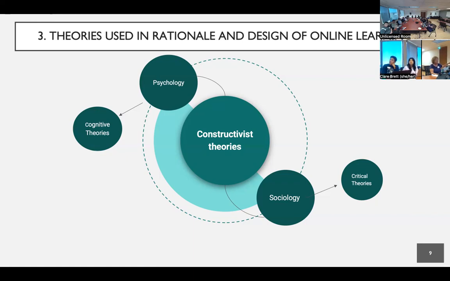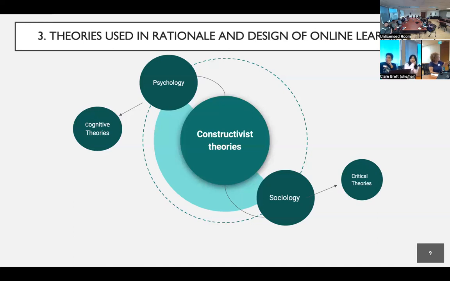Constructivism is still the big theory that undergirds a great deal of what we do in thinking about learning generally, partly because it touches on both of these things. There are many different kinds of constructivist theories. We're not going to go into that in more detail, but you may see that word used in all kinds of different settings. This is kind of the overview.